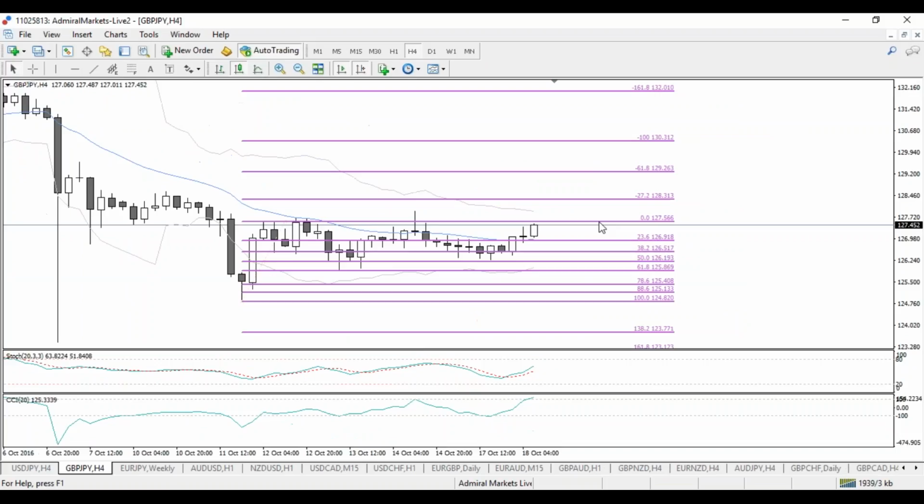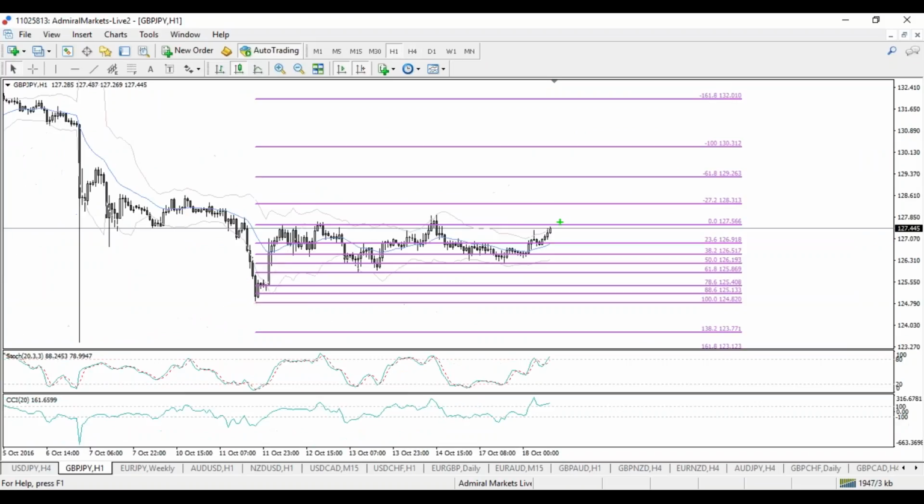That could go a lot more than that. Mind you that it could go up to these targets too, right? It could make a flag, as I said, hit the target, make a flag, hit the target, keep doing that, and then maybe at one of these targets it will finally make a bigger correction.